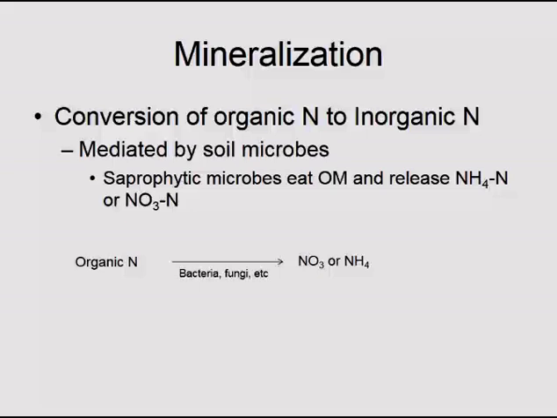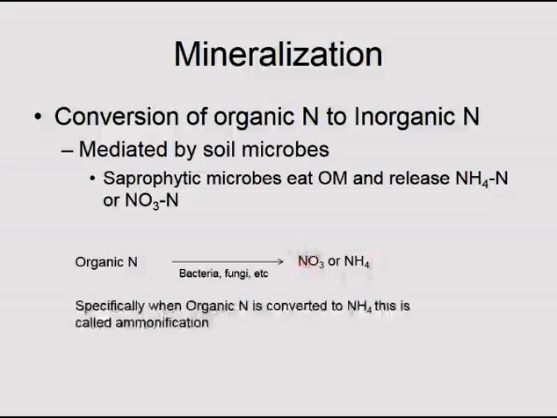So down here, this is the process. Conversion of organic N by bacteria, fungi, and etc. into either nitrate or ammonium. And then specifically, when we get conversion of organic nitrogen to ammonium, this process is called ammonification.